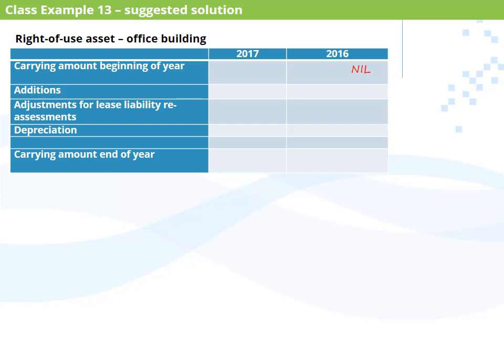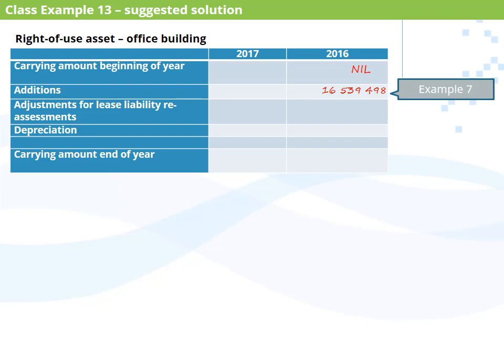Then the additions is the initial cost of the right of use asset that we calculated of 16,539,498, and that was in example 7, the initial measurement of the right of use asset.